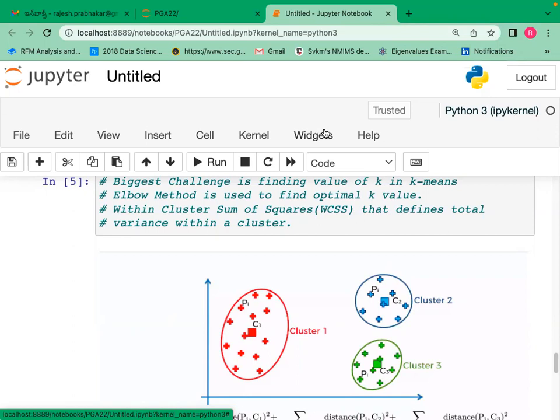NLP text is always unsupervised learning data. Either use topic modeling algorithms or you have to use clustering methods. Or you create a dependent variable like sentiment, and then you convert it into a machine learning problem to predict.